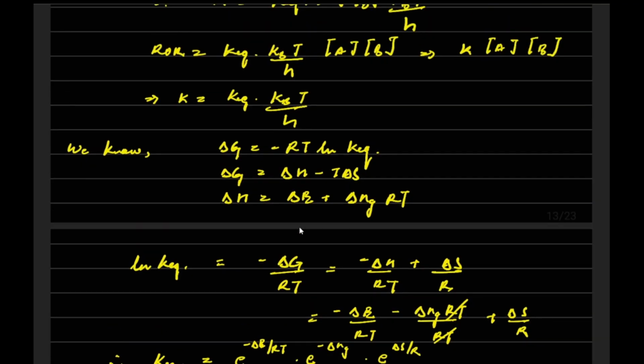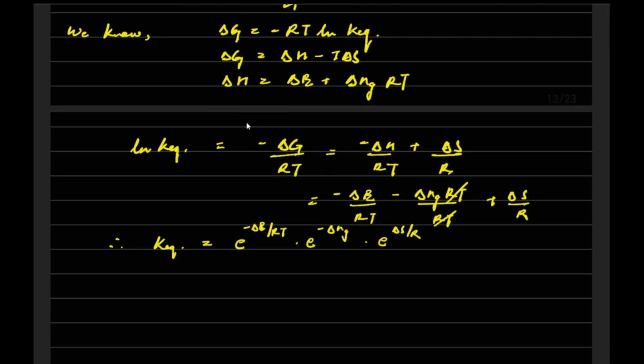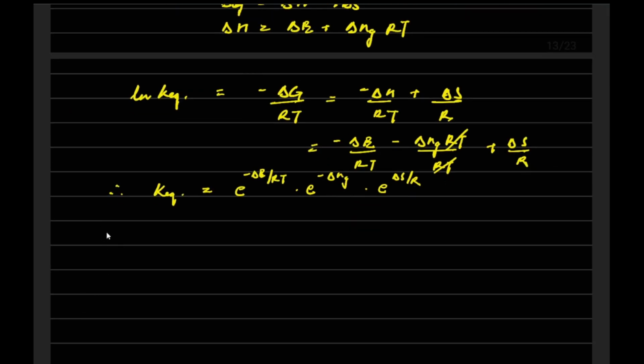So if we substitute K equilibrium here, where this is the rate constant K, that implies K is equal to kBT by h e to the power minus delta ng into e to the power delta S by R into e to the power minus delta E by RT.